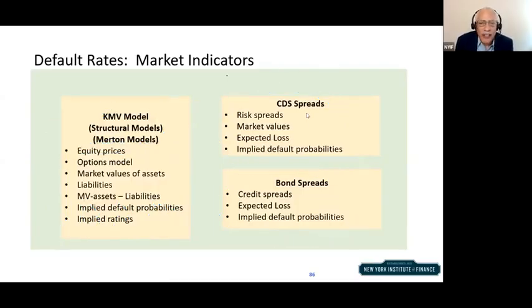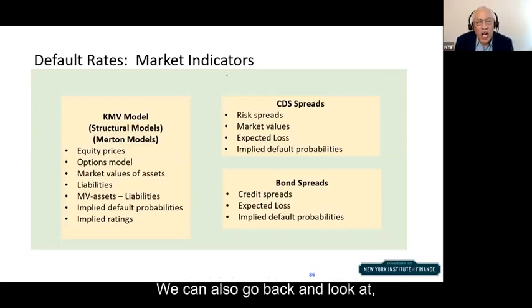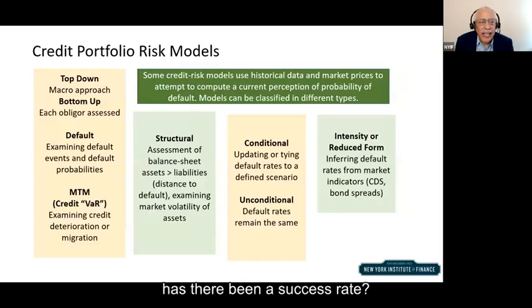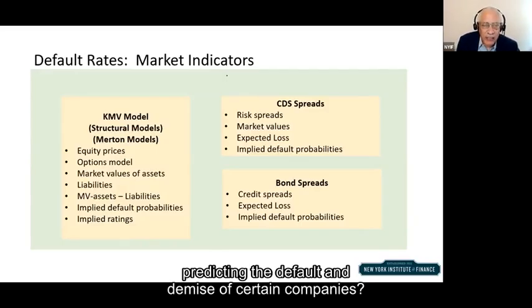Now, these approaches have been around a long time. We could also go back and look at, has there been a success rate? Was KMV very good in terms of predicting the default and demise of certain companies?